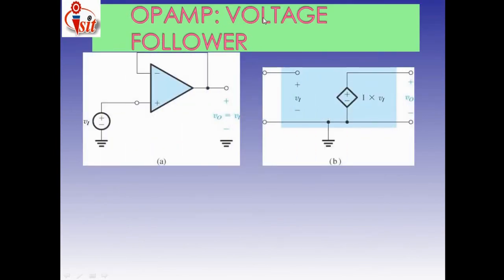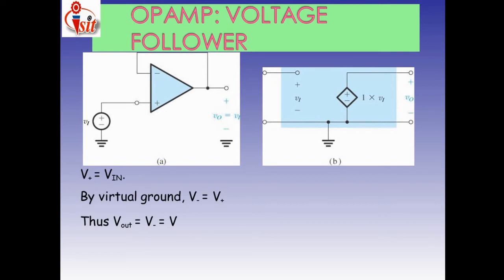Then the op-amp voltage follower. The op-amp voltage follower is also called a unity gain amplifier, because whatever input is applied to this circuit, it gives the output as it is. Here V1 voltage is applied to the positive terminal of the op-amp. By virtual ground, the negative voltage is equal to the positive voltage.